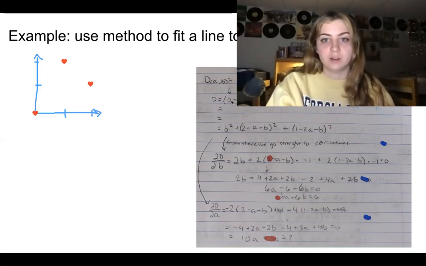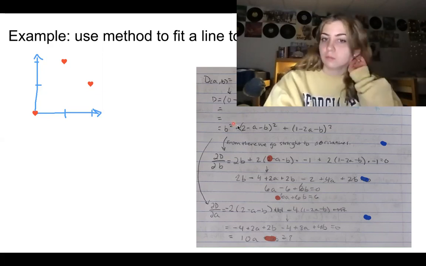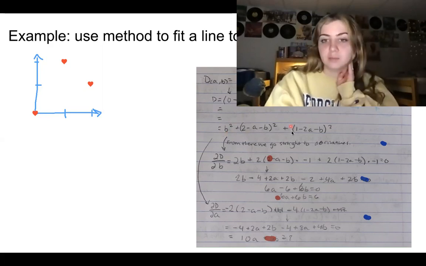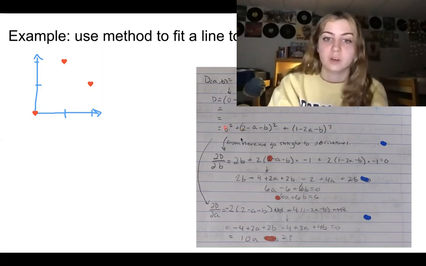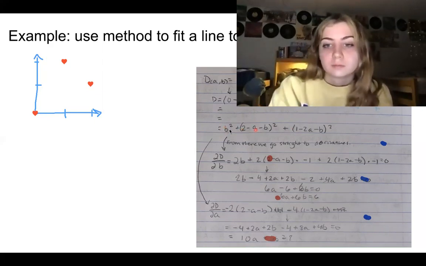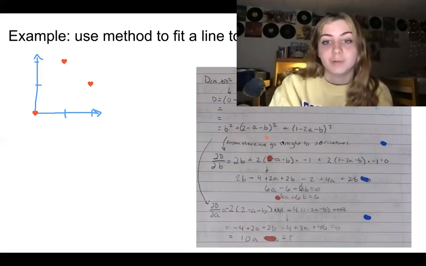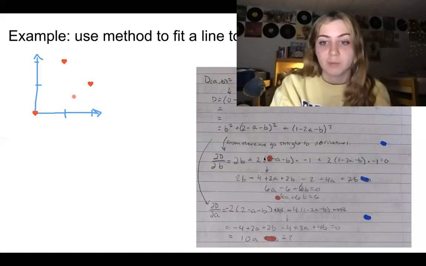So here we have 0, 0, 2, 1, and 1, 2. And then we take that down, and this is what we end up with. And obviously it's in terms of b and a, which is what we're solving for, so that's perfect. And from there we can go right into derivatives.